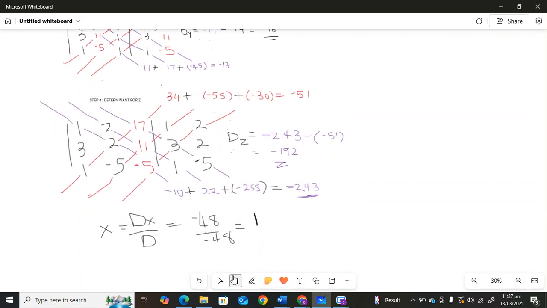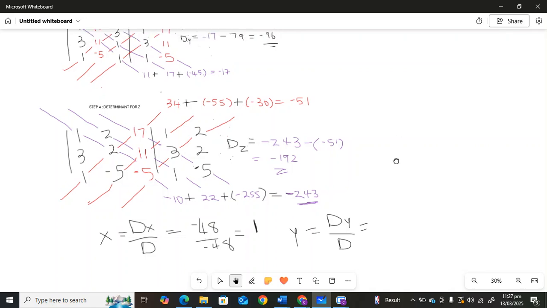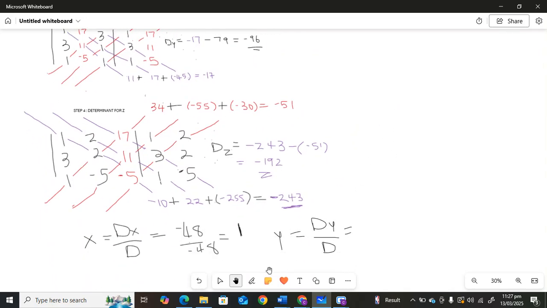So for y, it's dy divided by d. Dy, if I'm not mistaken, was negative 96 divided by d is negative 48.